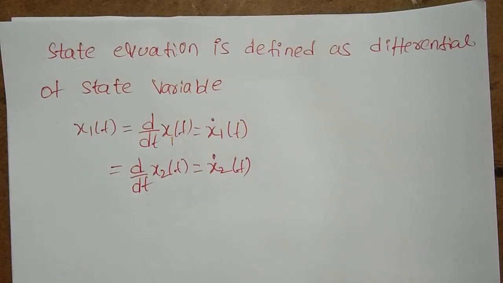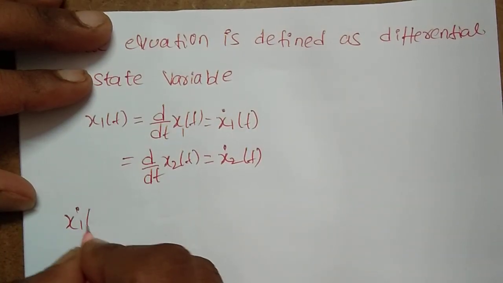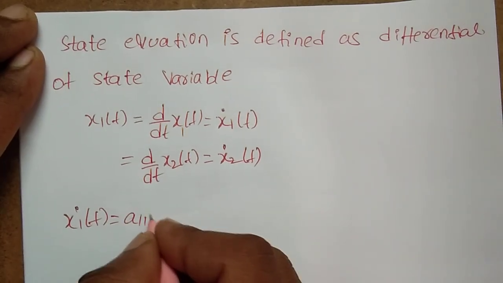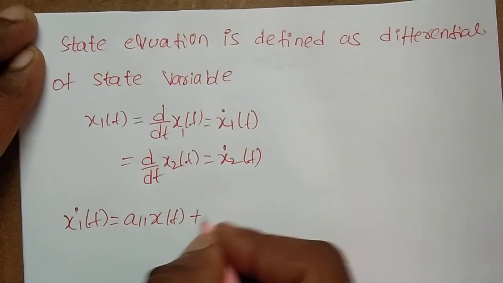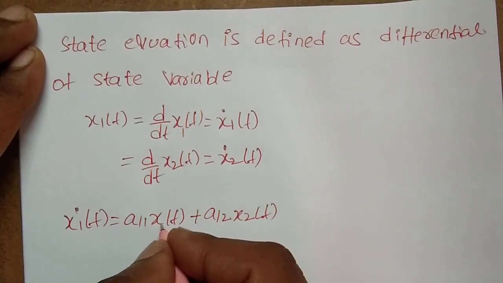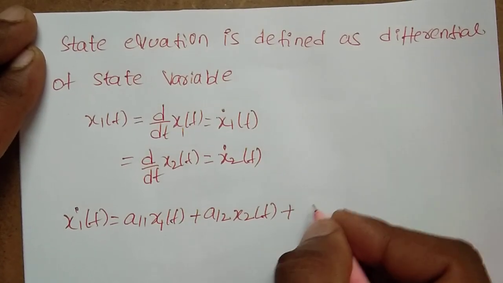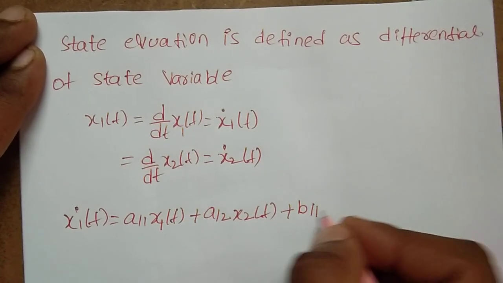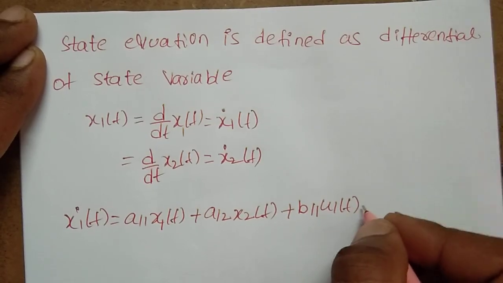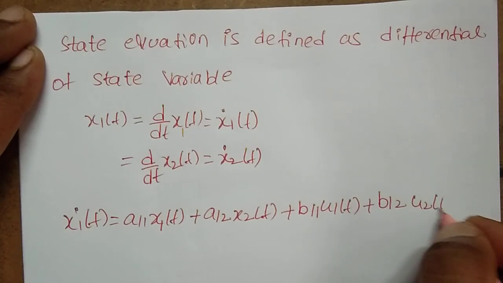Okay, next one is x1 dot of t is equal to a11 x1 of t plus a12 x2 of t plus b11 u1 of t plus b12 u2 of t.